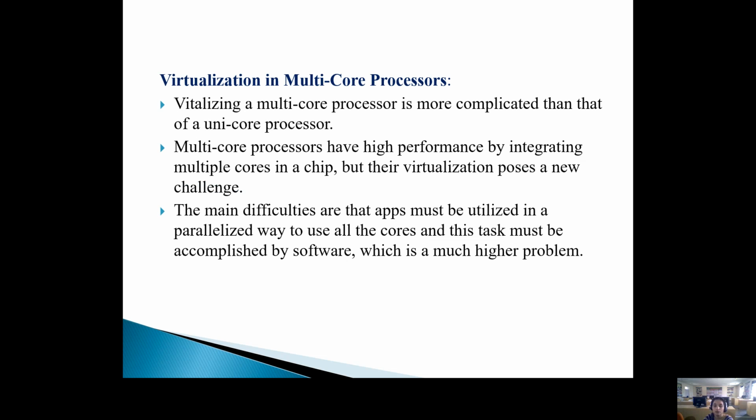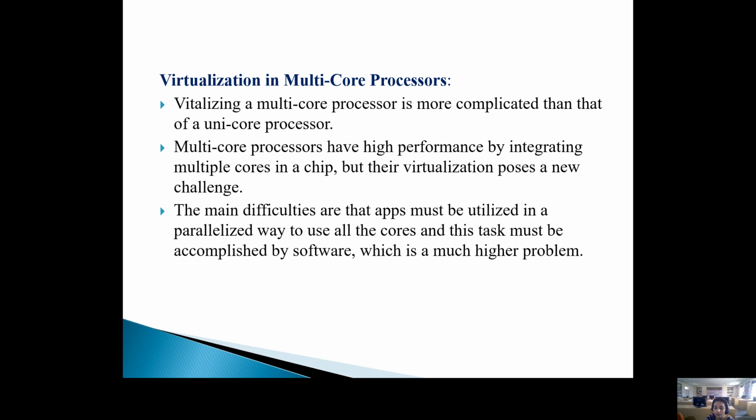Next, virtualization in multi-core processors. Multi-core processors achieve higher performance by integrating multiple processor cores in a single chip. Multi-core virtualization has raised some new challenges for computer architects, compiler constructors, system designers and application programmers.